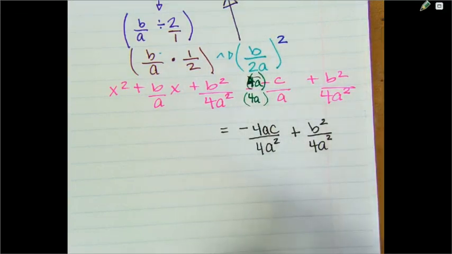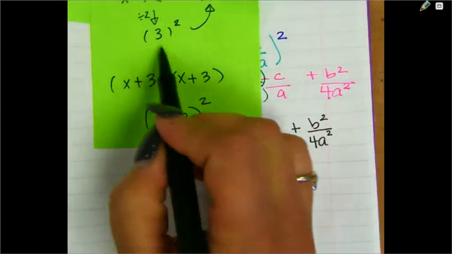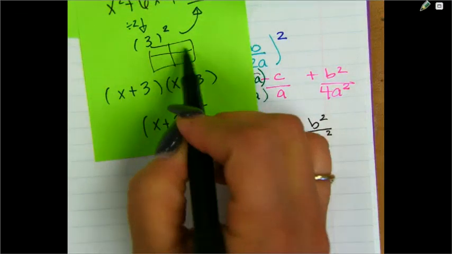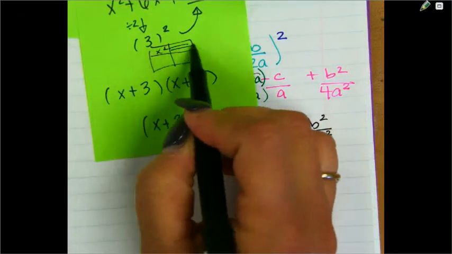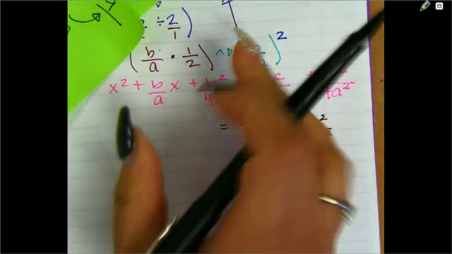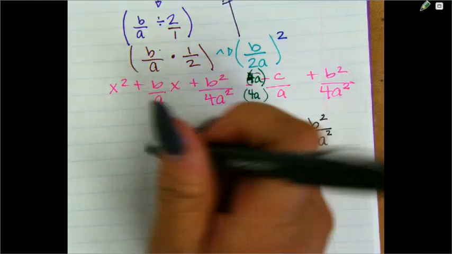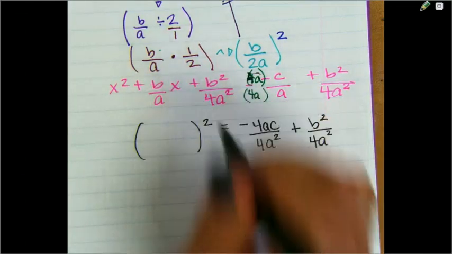Good? Make sense? Okay, over here. We're now at this part where I said, okay, here's my x squared, and I had the 3x and the 3x, remember? Now I'm at this part where I'm like, hey, I need to factor this, right? I need something squared.